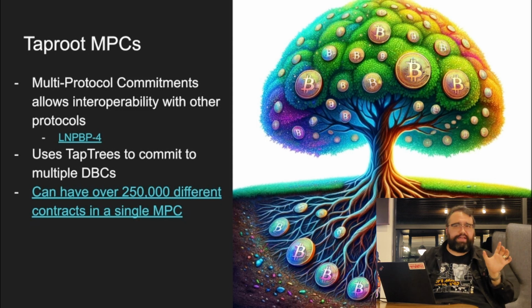So you could keep over 250,000 different contract states committed to. That would be however many different tokens you had, or different types of property, different houses, different paintings, different receipts even. Eventually you might run out of them, but then you just need another UTXO to keep your assets on.